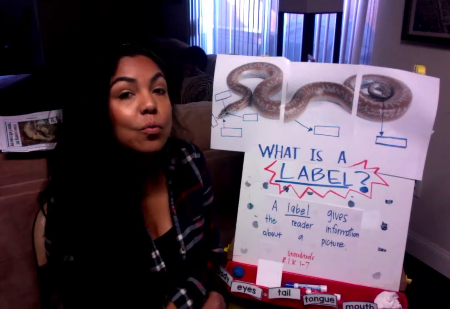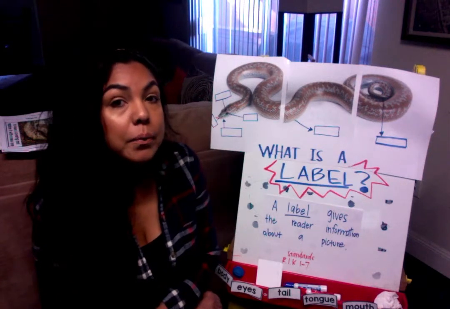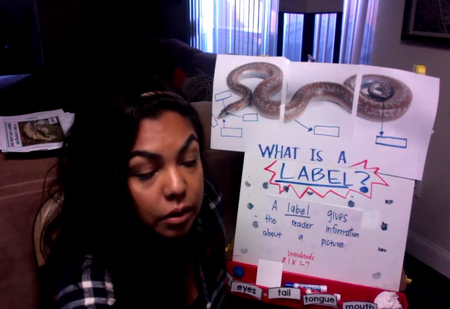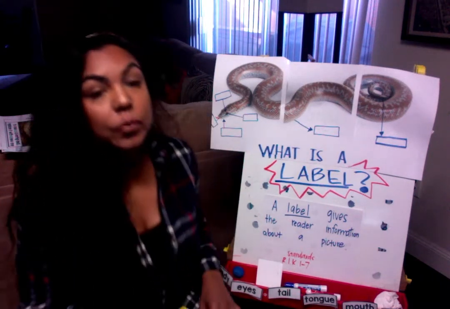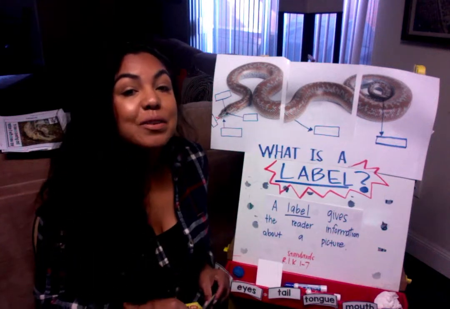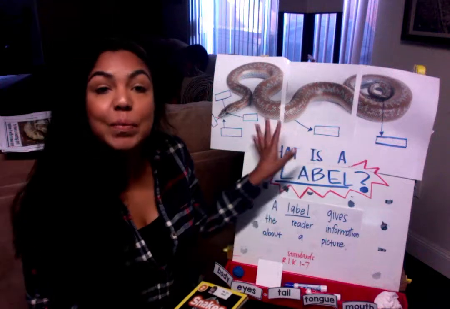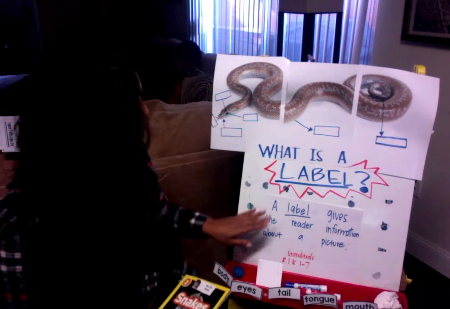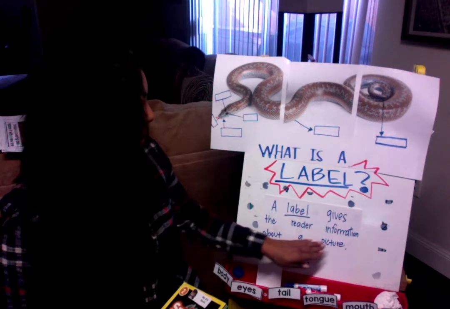We might not know what a label is, but we have to remember that a label is something that's going to tell us a little bit more about a picture. A label gives the reader information about a picture.